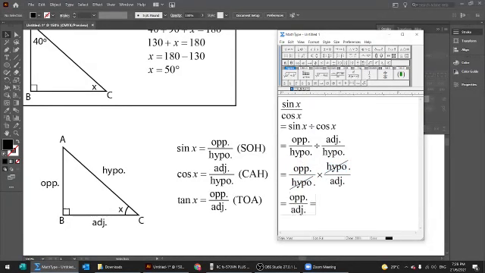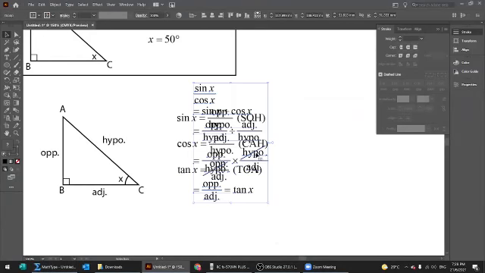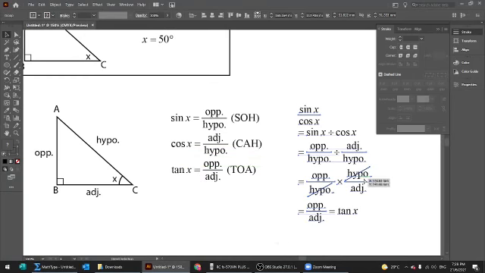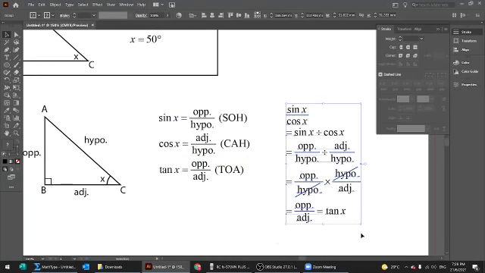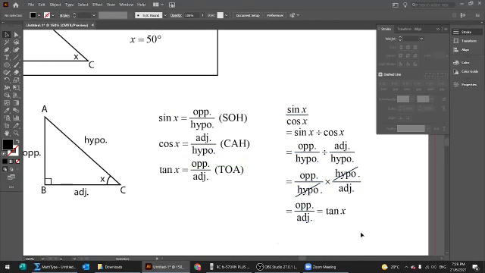Opposite over adjacent is what? Oh, it's tangent. So this is a new identity that you have. Sine over cosine is equal to tangent.